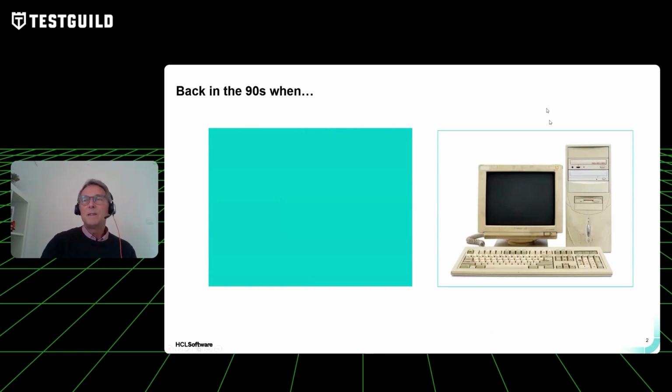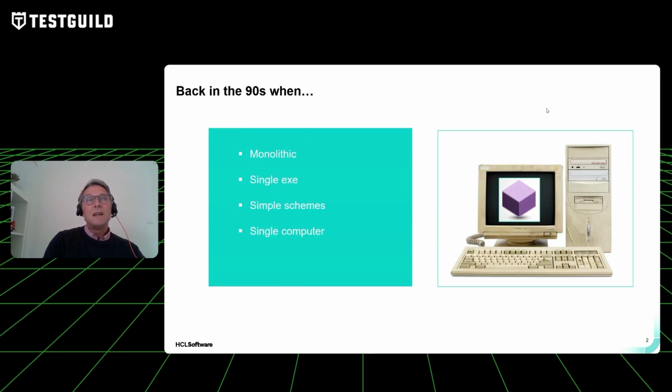What we were building were really monolithic applications, a single executable using very simple schemes, and everything was running on a single computer. Computers were not yet really talking to each other, and neither were our applications.